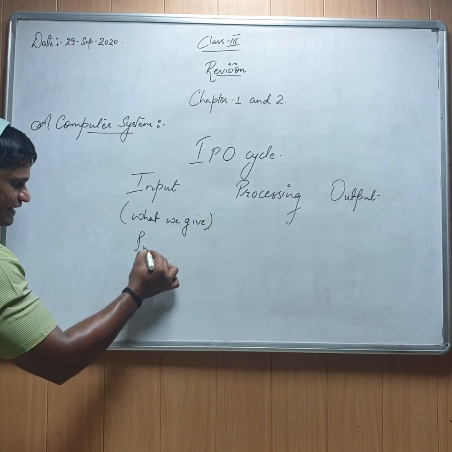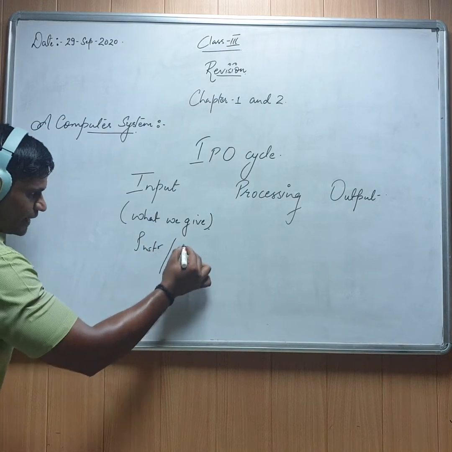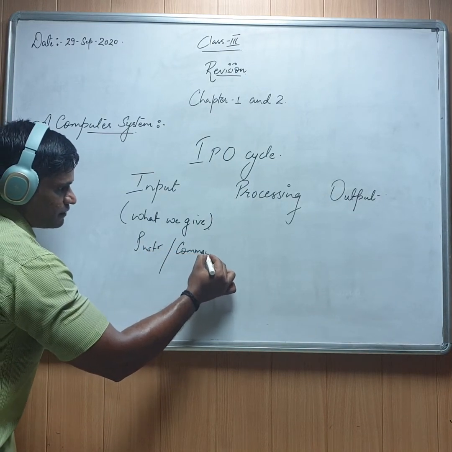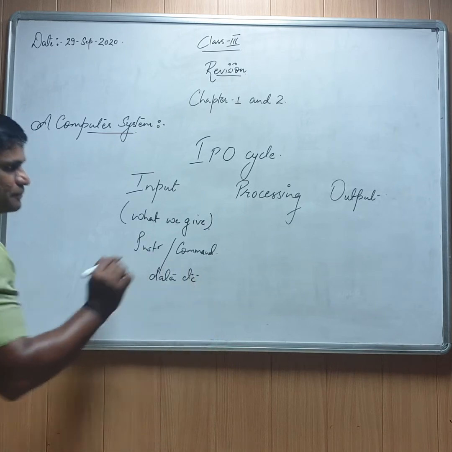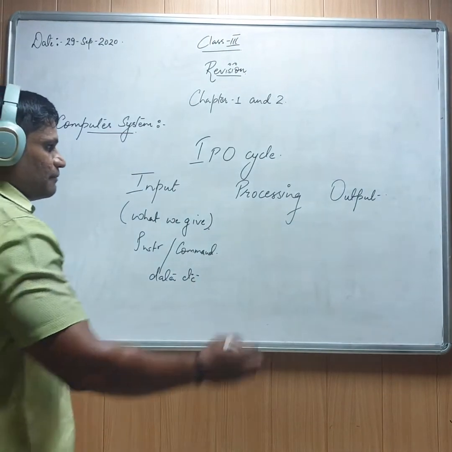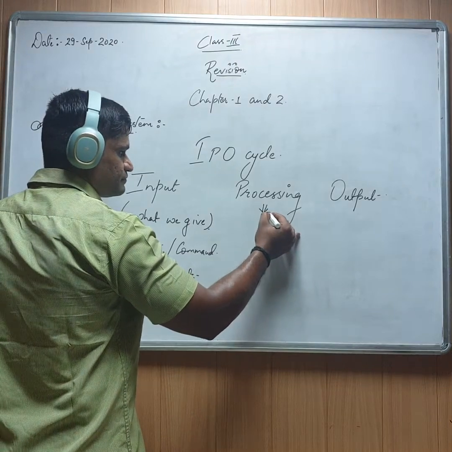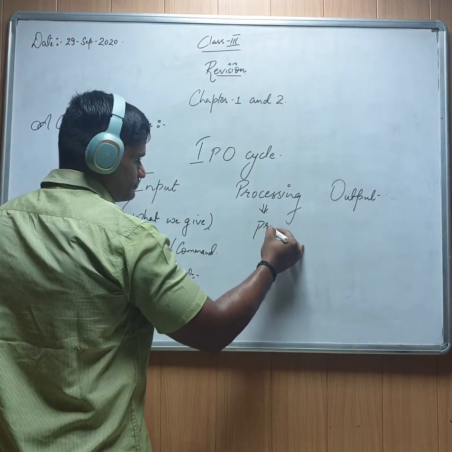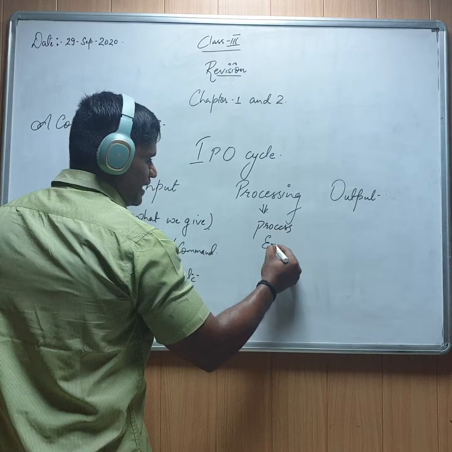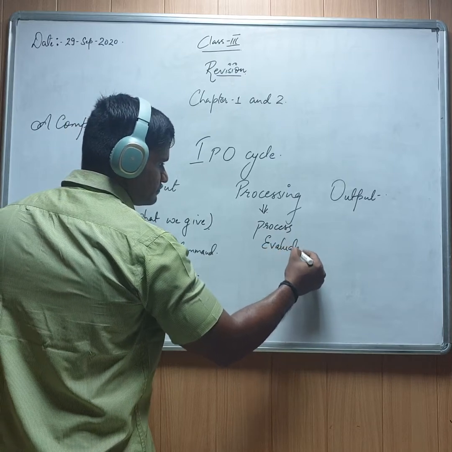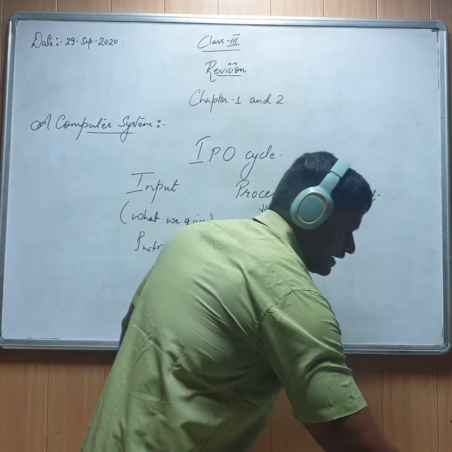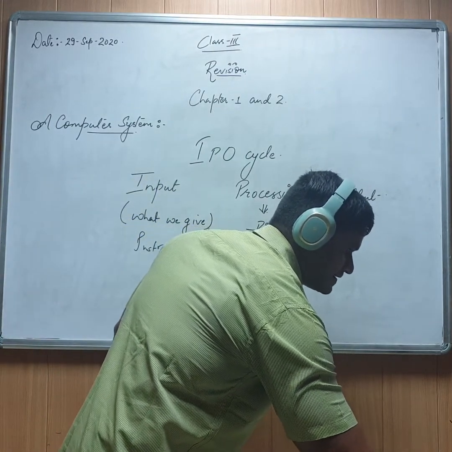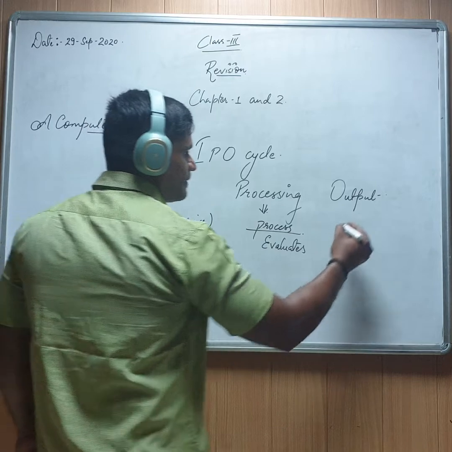We give instructions, we give commands, we give data, etc. to the computer. Then the computer processes it, or you can say evaluates it. And after that, it produces a result which is displayed.